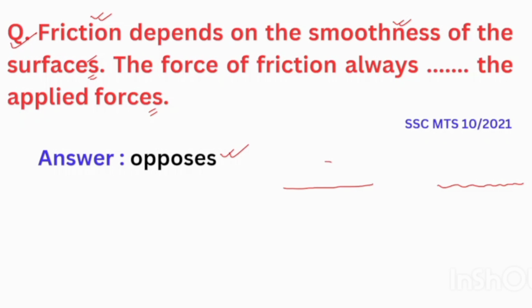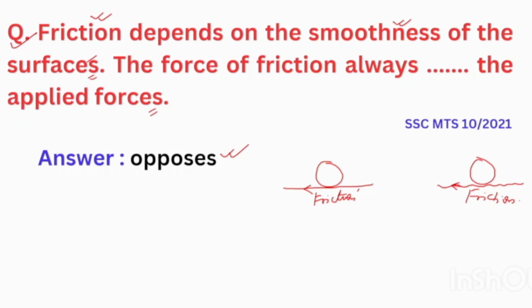This is an object and this is the same object. This is friction here and this is again friction. Friction is basically caused due to the irregularities on the two surfaces in contact. Larger the irregularities, more will be the friction.